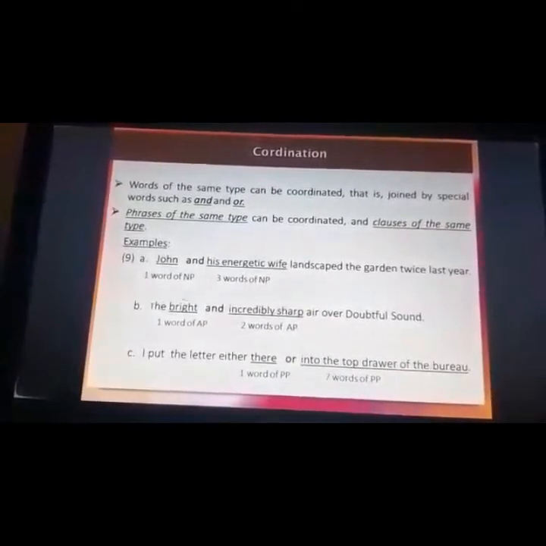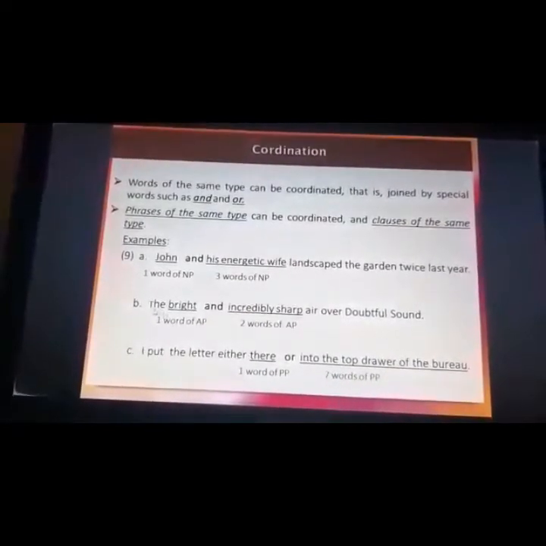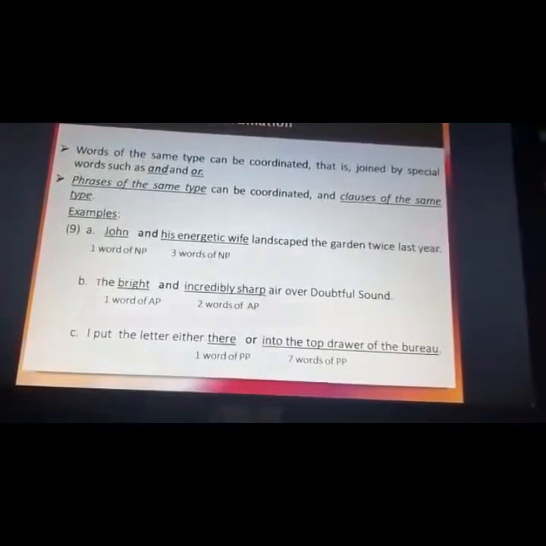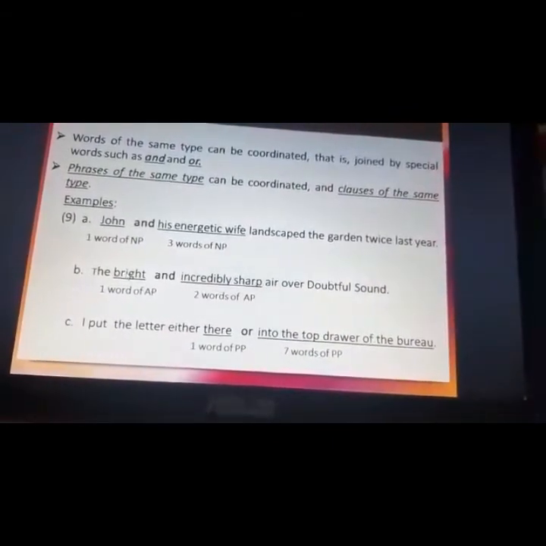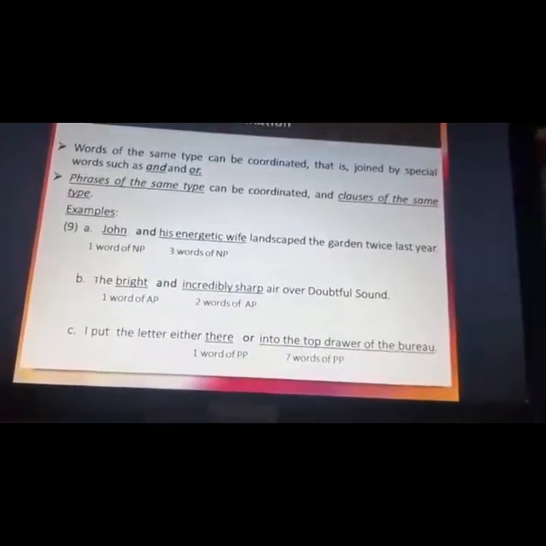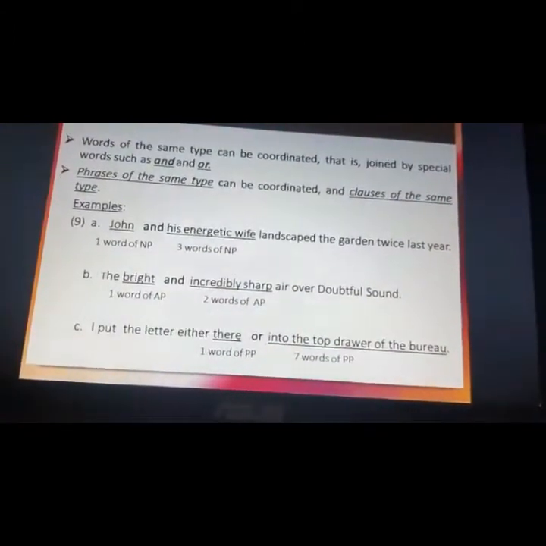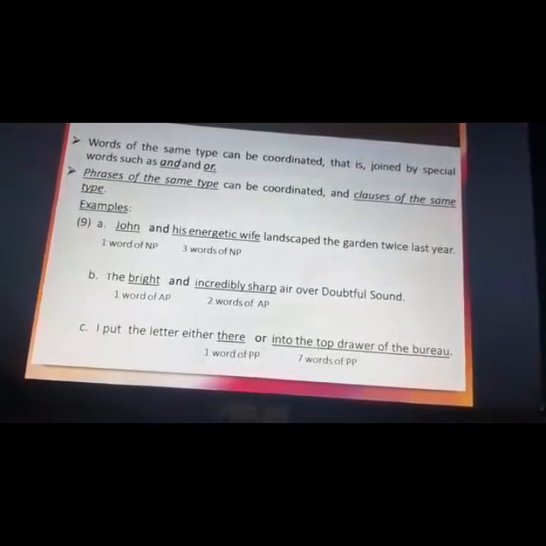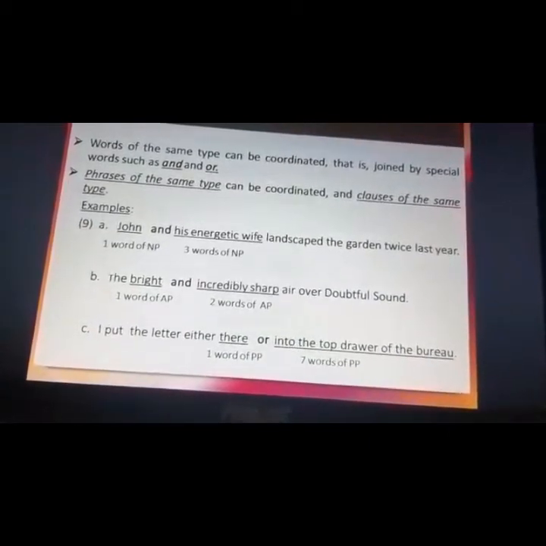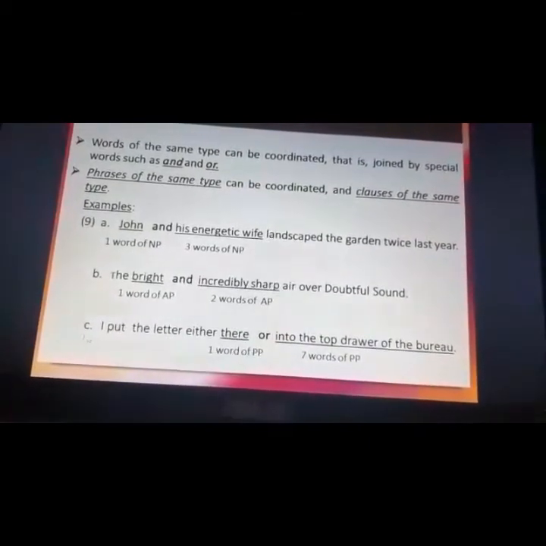And also here, you see this in the second one. Yeah, next example, 9b. You see the sentence there very carefully. Okay, pay attention carefully. The bright and incredibly sharp air over doubtful sound.